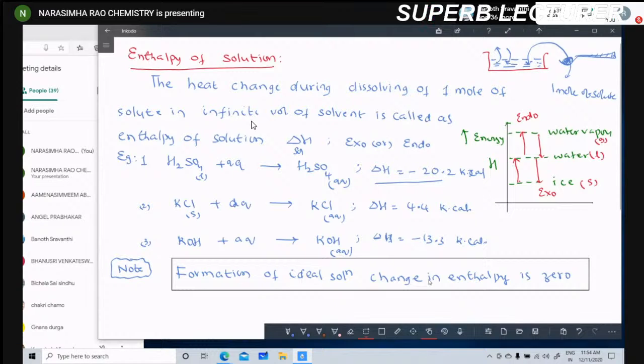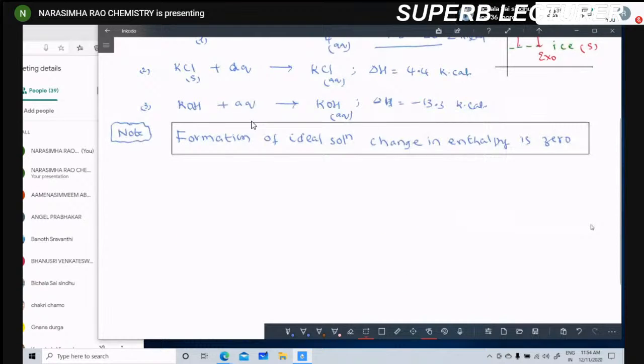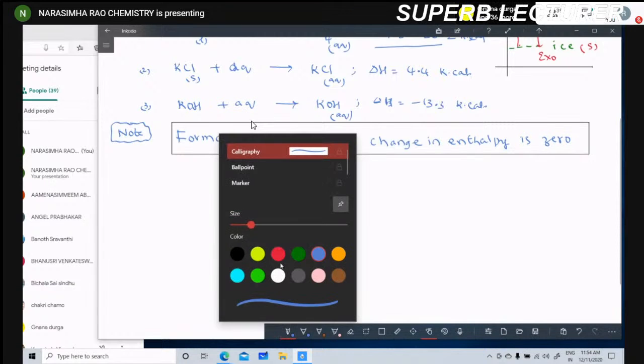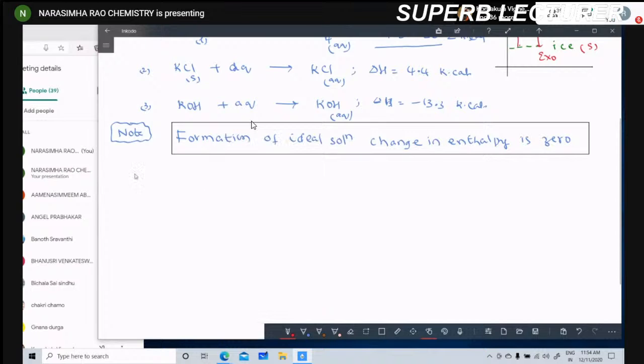Going to another enthalpy definition: enthalpy of hydration. What is the meaning of enthalpy of hydration? First I am explaining the example, later we will apply the definition. This is a copper sulfate solution.